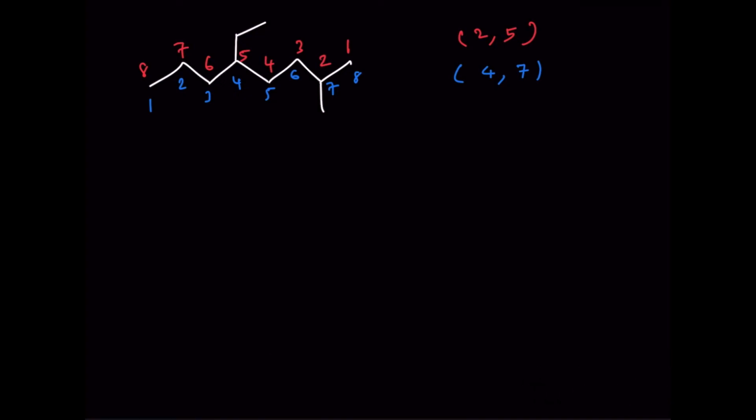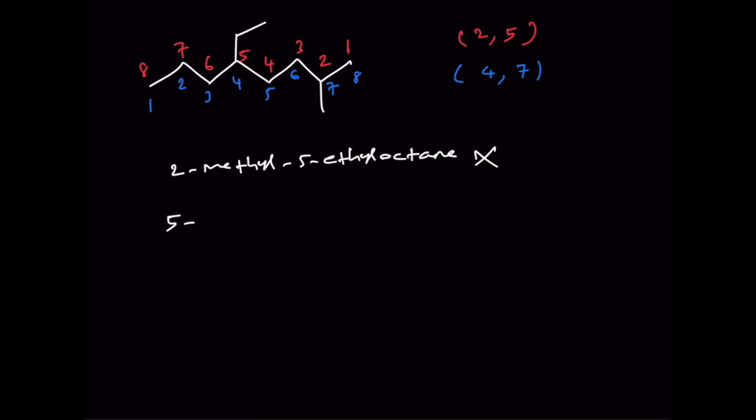So can we name it as 2-methyl-5-ethyloctane? No, that is an incorrect IUPAC name, because if we name like that, then we are not following the alphabetical order rule.